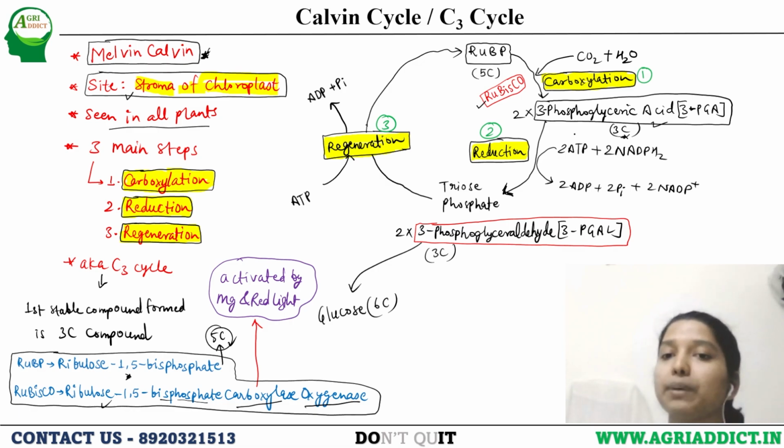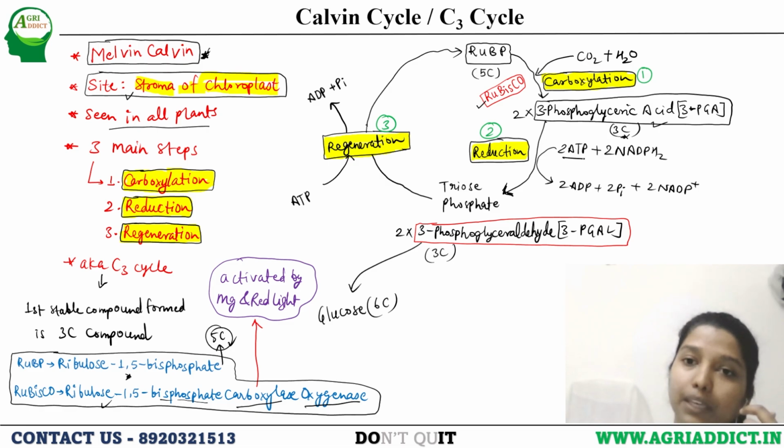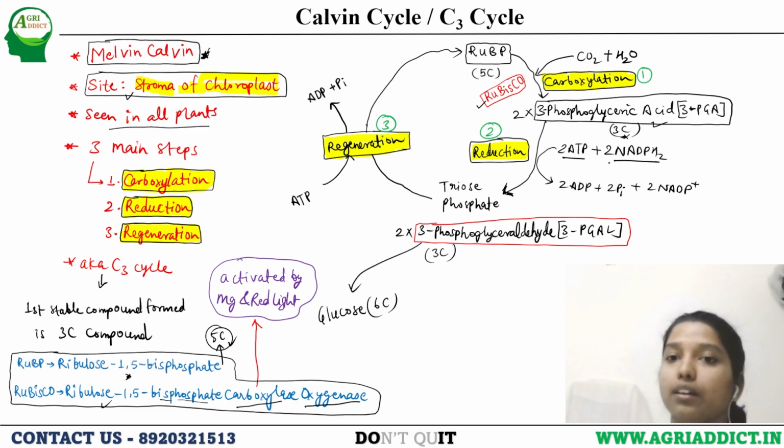Now to this 3-PGA, 2 ATP and 2 NADPH2 are combined, and it is converted into 2 ADP plus 2 inorganic phosphate plus 2 NADP.